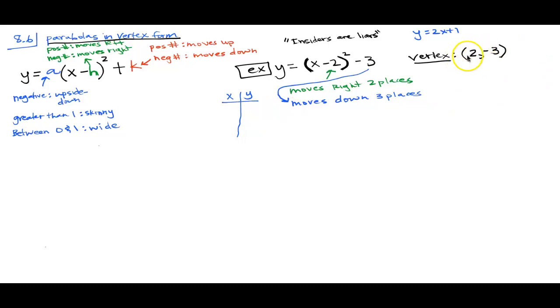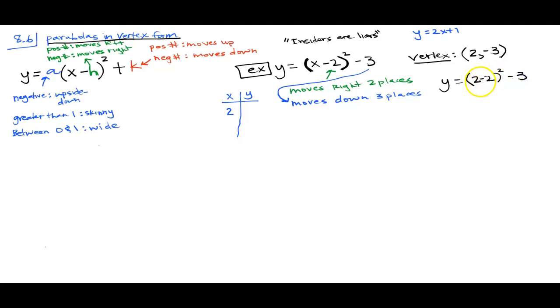Say we let x be positive 2. If I put that inside there, let me write it over here. So y equals, parenthesis, 2 is what I'm putting in place of x, so 2 minus 2 squared, and then minus 3.